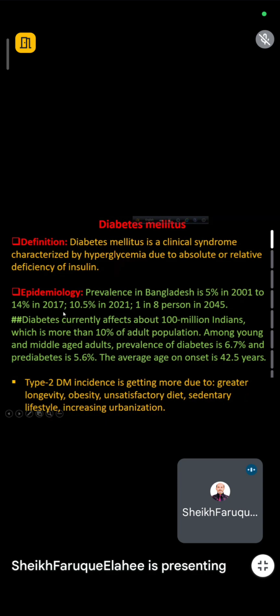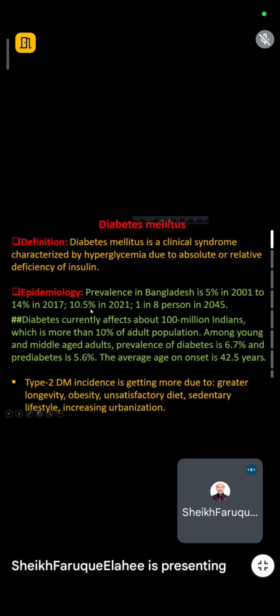Now let us see the extent of diabetes in our country. The prevalence in Bangladesh, prevalence means occurrence of diabetes, was 5% of the population in 2001. And in 2017, it became 14%, you see, 14%. And in 2021, it is 10.5%.